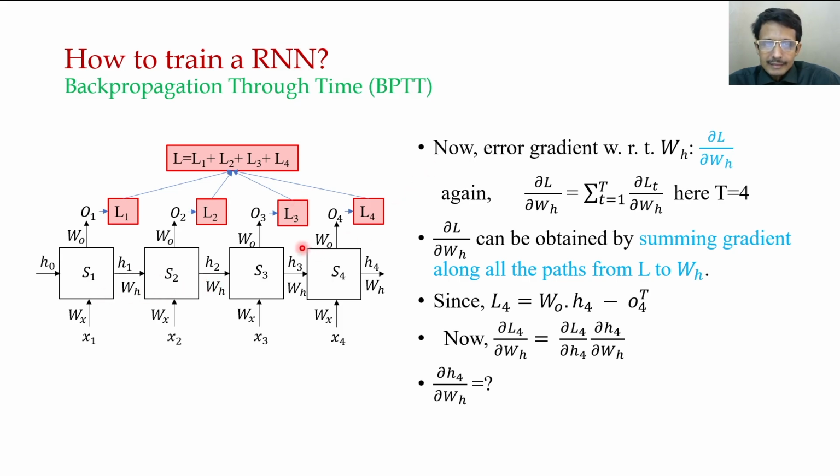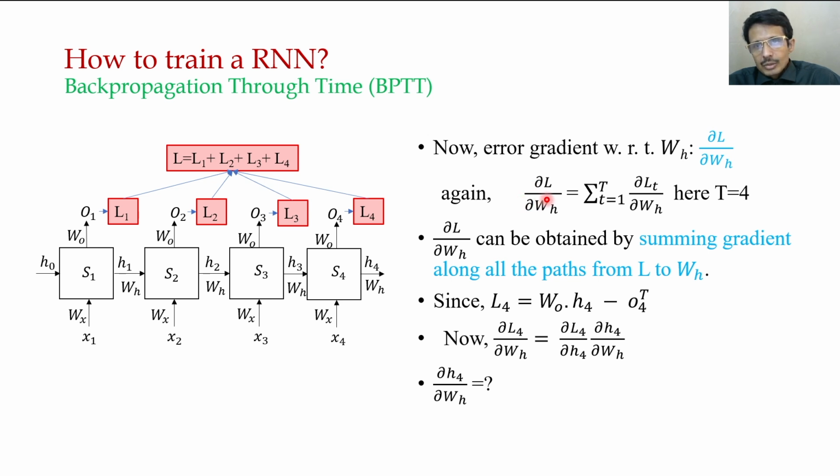What makes the difference from normal backpropagation here is that H4, H3, H2, H1, these functions and the corresponding weights are somewhat connected.